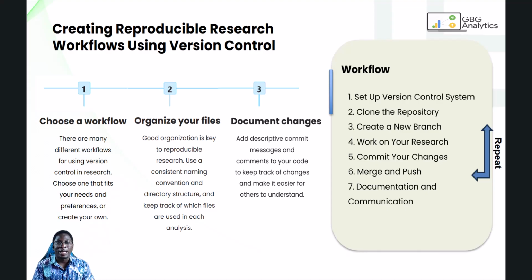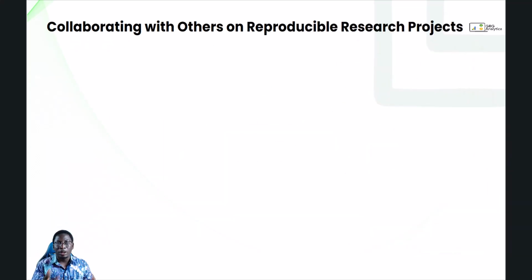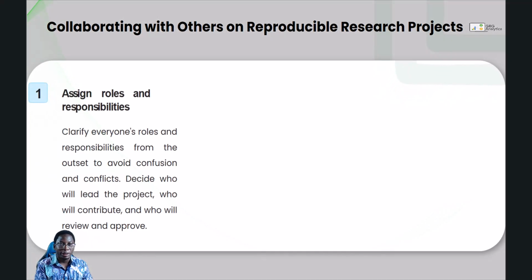Documentation is very important. Make sure that you add descriptive commit messages and you comment your code appropriately so that Git can track them and make it easier for others to understand. When you are collaborating with others on a reproducible research project, you need to assign roles and responsibilities to avoid confusion or conflict.